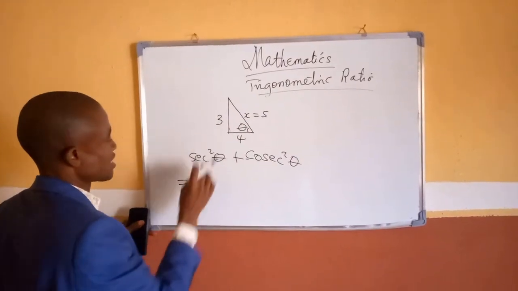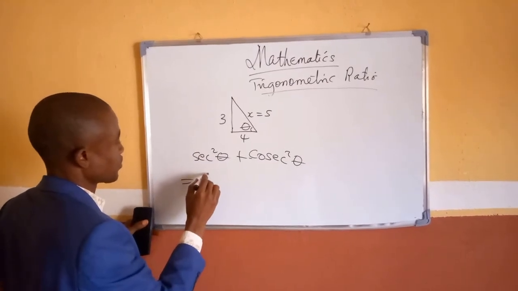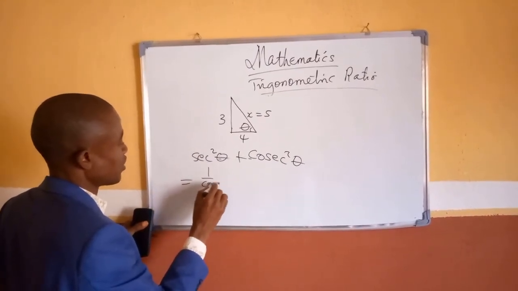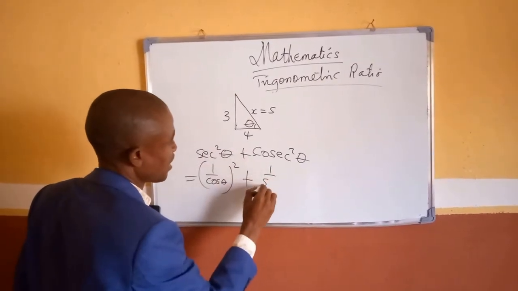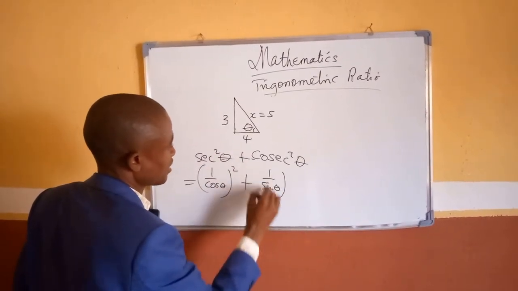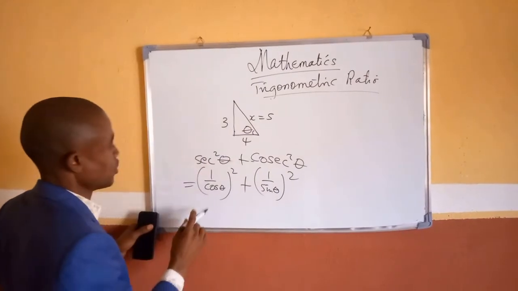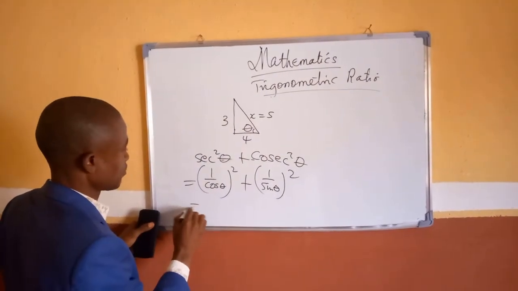And don't forget that last time we said that sec is the inverse of cos. That means 1 all over cos theta, squared, plus 1 all over sine theta, squared.